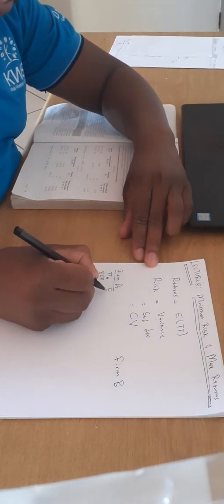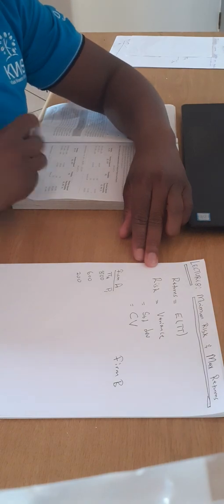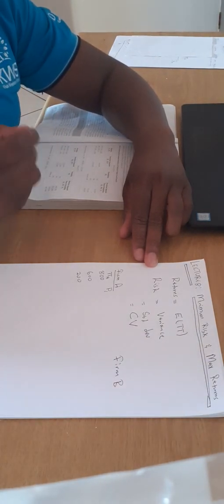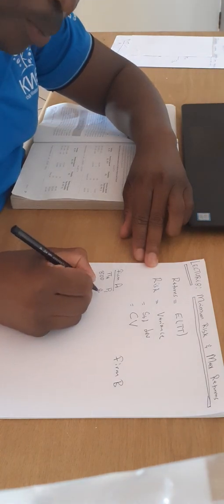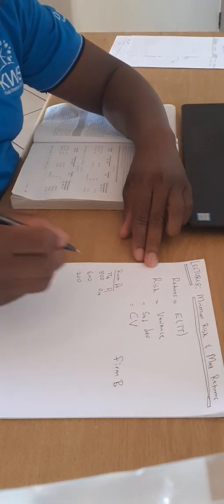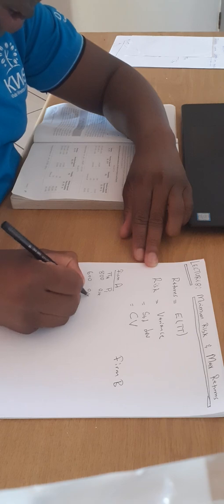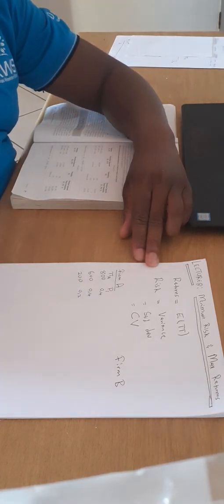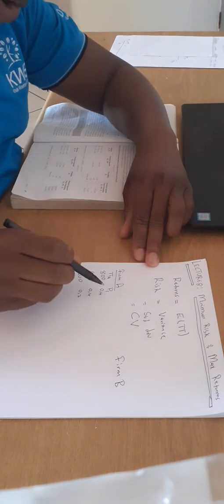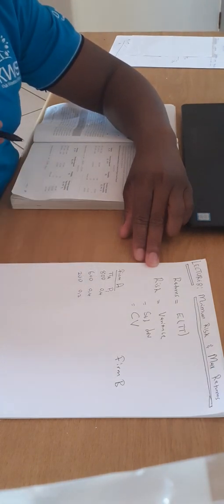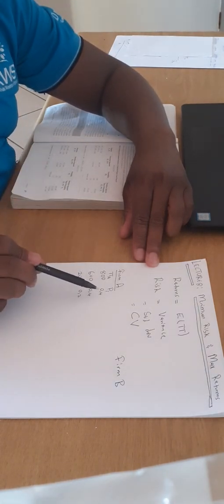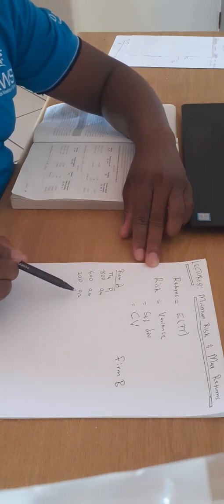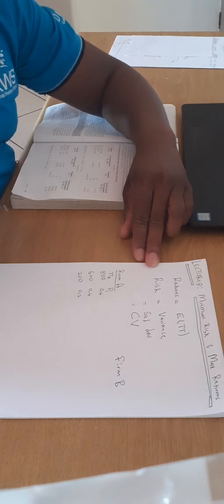The chances of us making 800 are 0.4, that means 40%, the chances of 600 are also 40%, and the chance of 200 is 20%. This is what we call the probability distribution. Always these probabilities must be equal to 1: 0.4 plus 0.4 plus 0.2 is equal to 1.